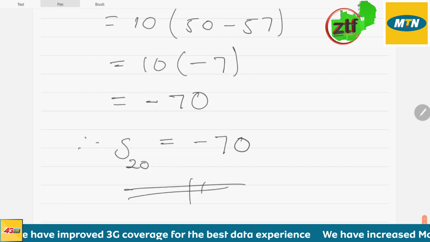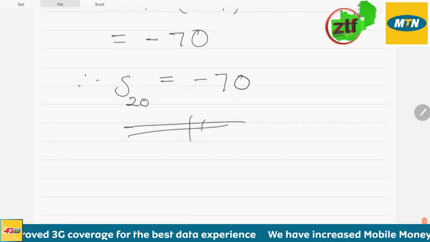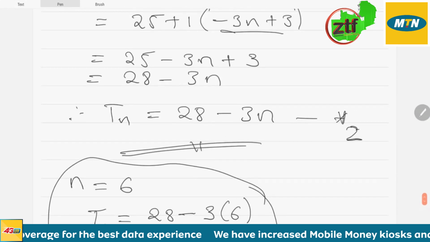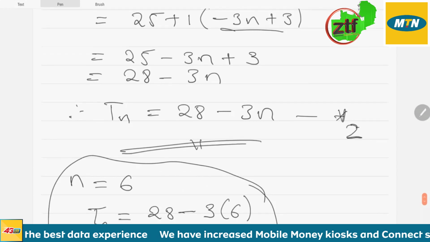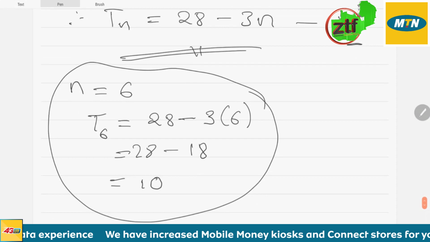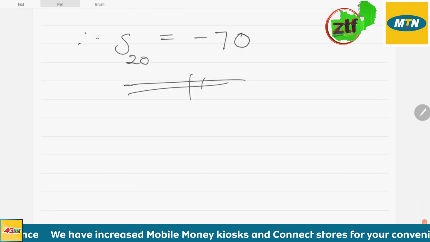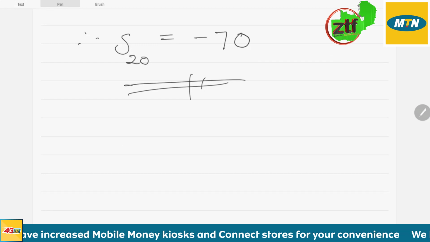You can verify this by finding all the 20 terms using the general term, Tn is equal to 28 minus 3n, and summing them up. You will see that you get the sum of all the 20 terms as negative 70. The sum is negative because of the common difference.